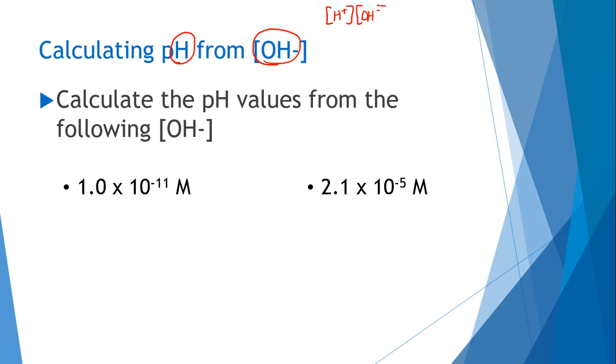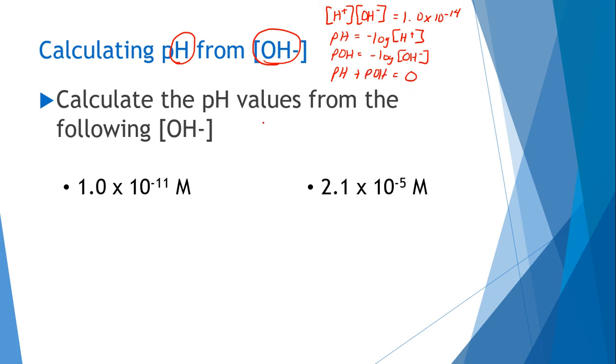If you fail to get these down, I have mentioned them enough that it comes down to being on you guys. So pH equals negative log of your H plus. pOH equals negative log of your OH. And then pH plus pOH equals 14.